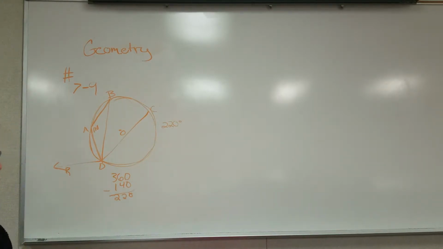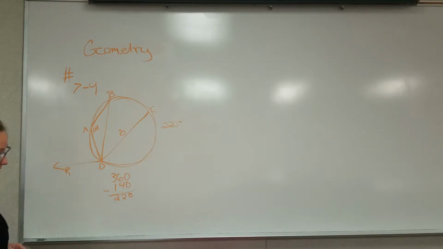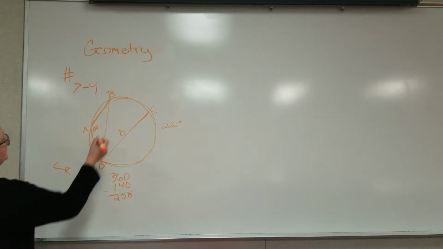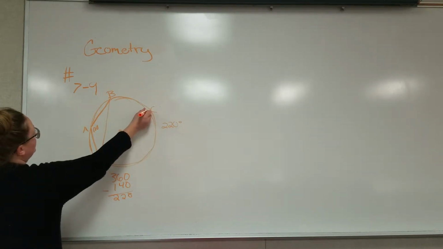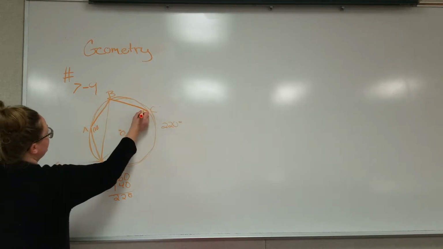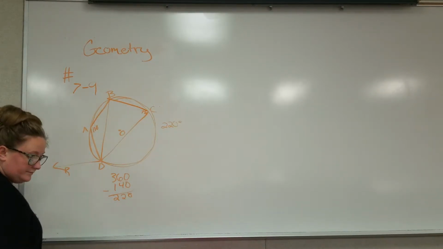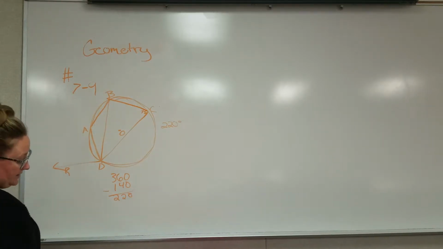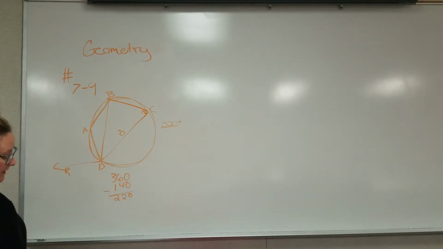All right, problem number 8. They say if the measure of angle C is 75 degrees. Okay, so this angle right here, oh, I'm missing a line right here. 75 degrees, right? Then what is the measure of angle BDR?